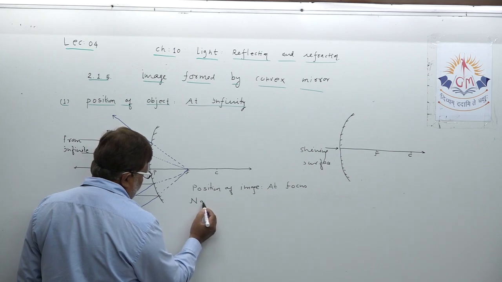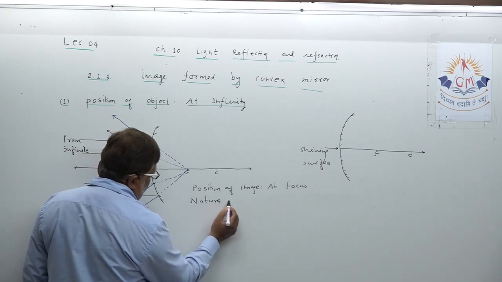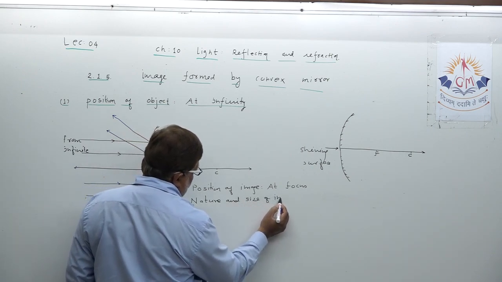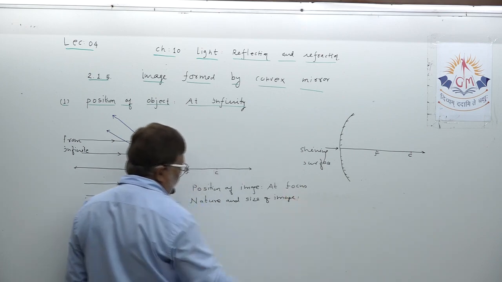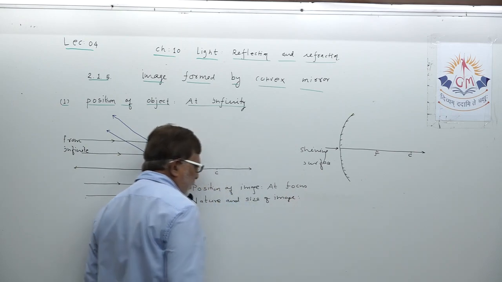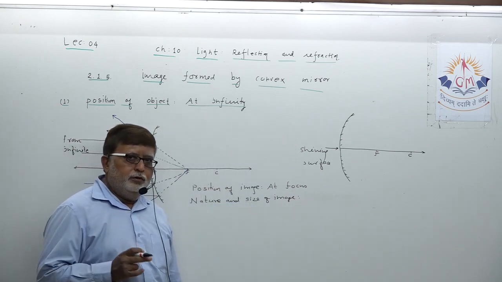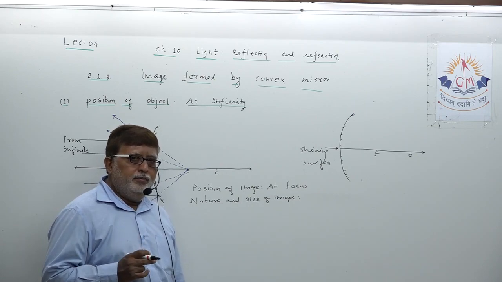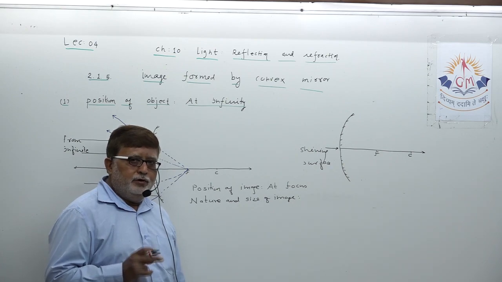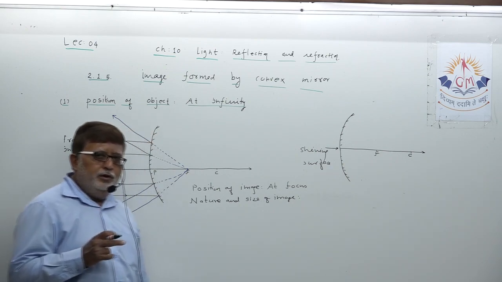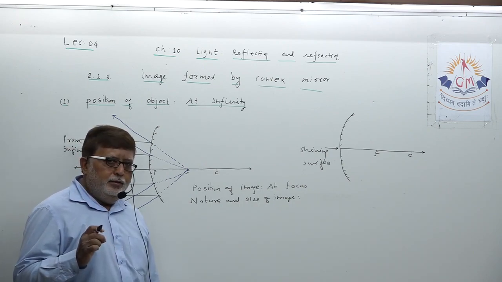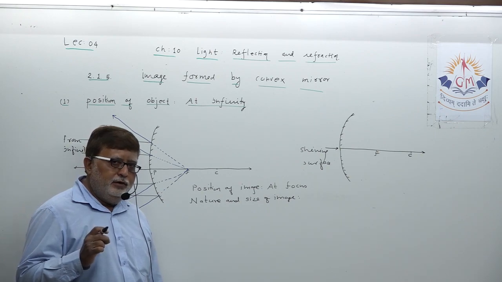What is the nature and size of the image? So remember dear student, if you can remember in case of a concave mirror, the first image formation, when the object was kept at infinite distance, we were getting a real, inverted and highly diminished point-like image at focus.